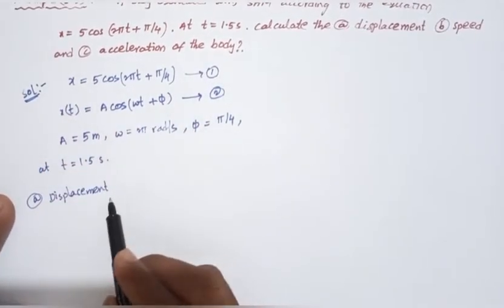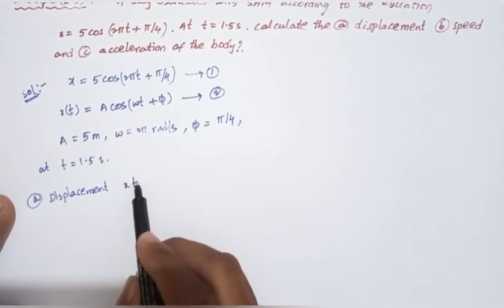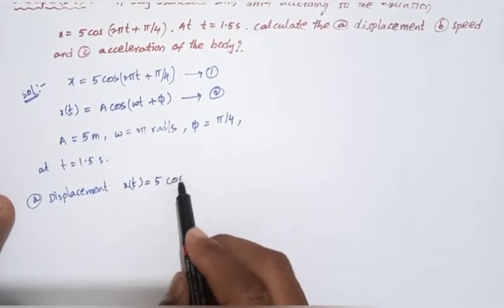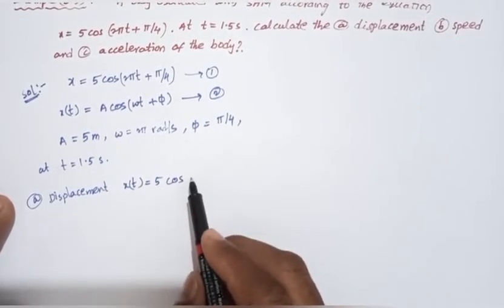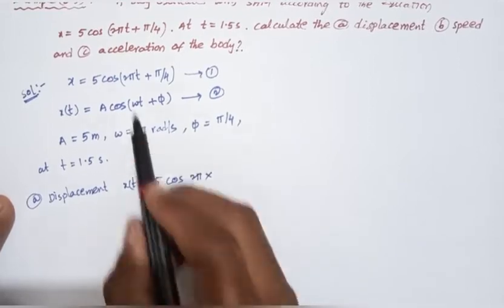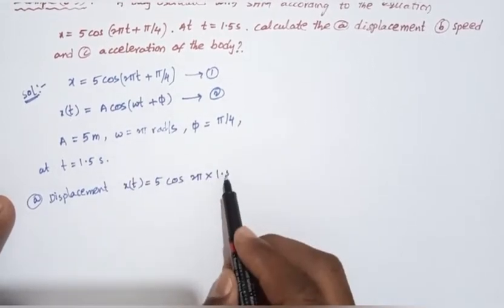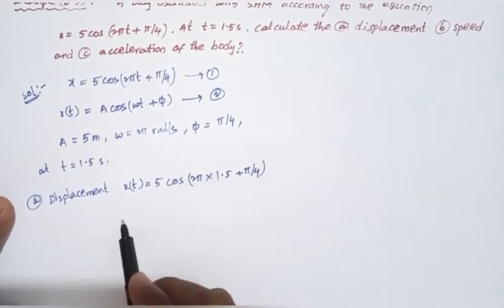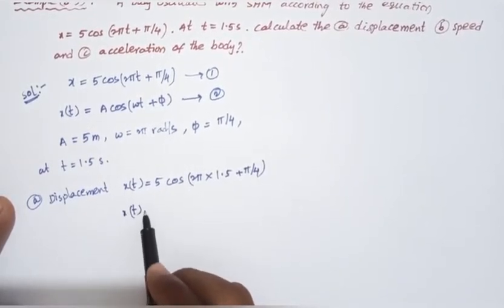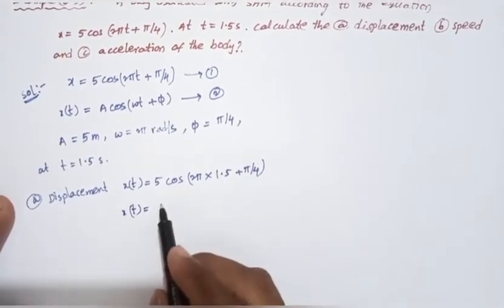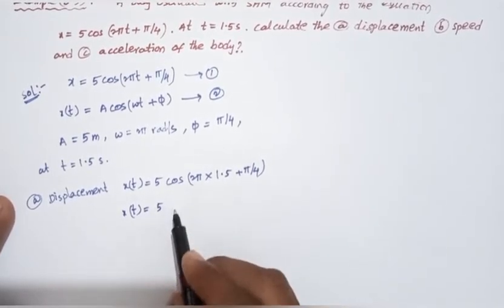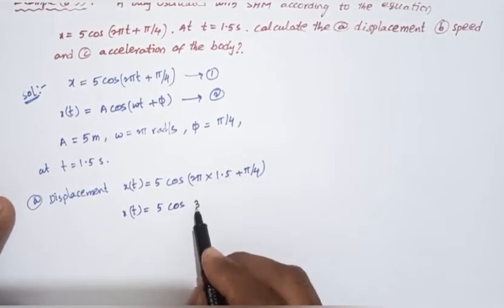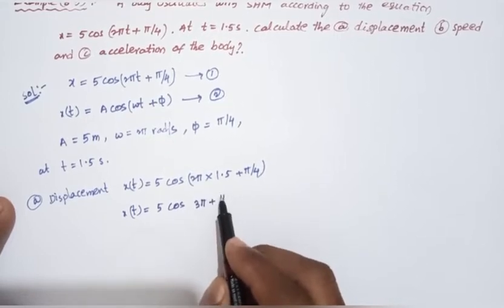So x of t equals 5 cos (2 pi into 1.5, that is 3 pi, plus pi by 4).